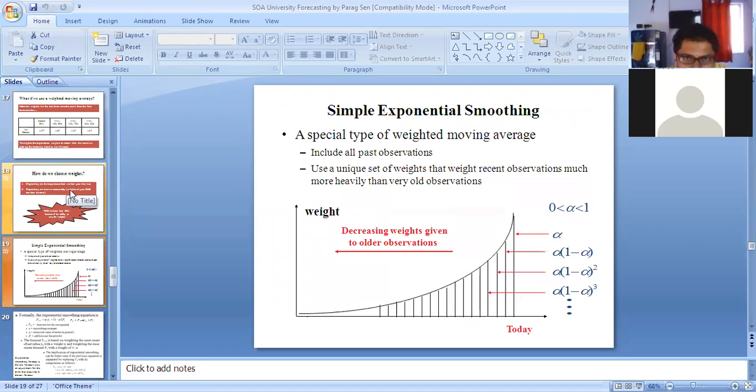We will discuss another technique that is known as exponential smoothing.